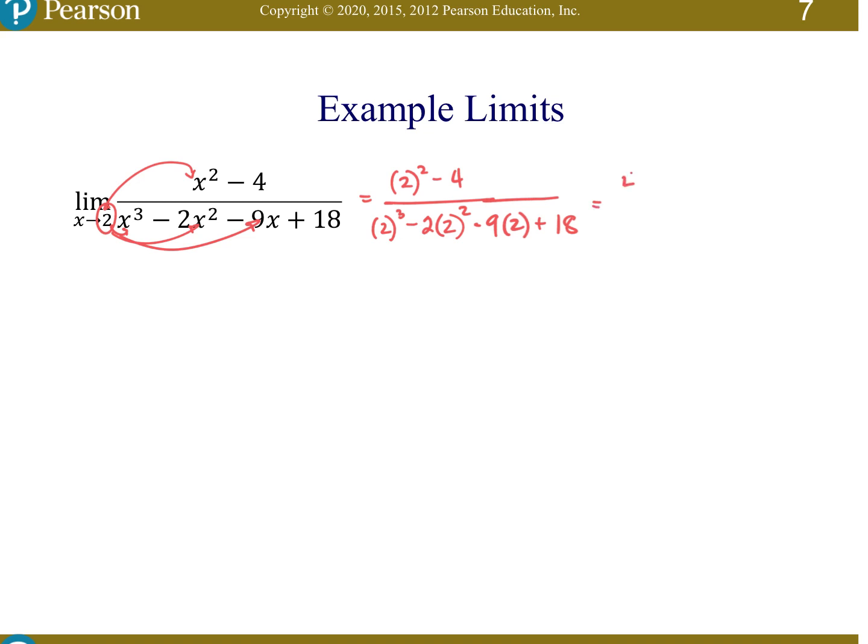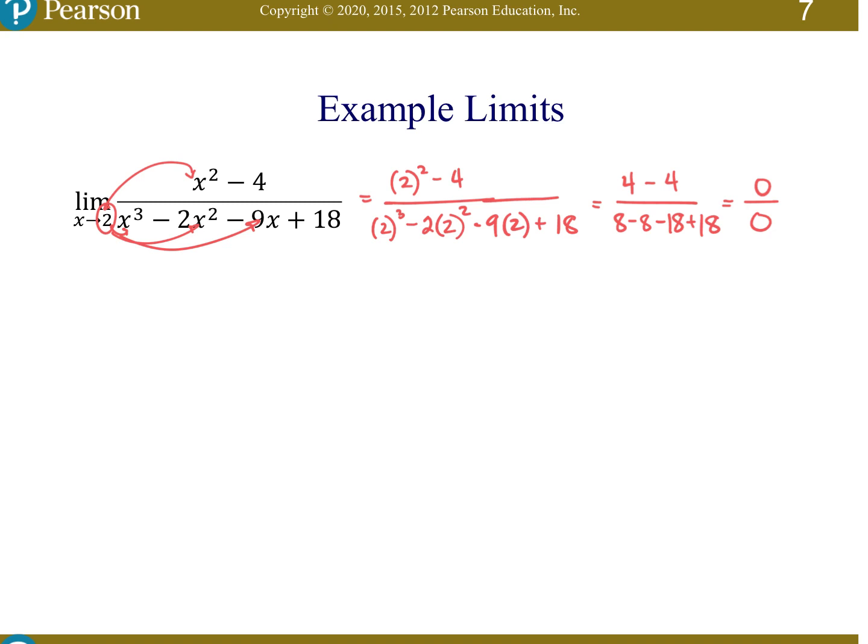So my numerator, I'm going to have 4 minus 4, which isn't a problem. My denominator, I'm going to have 8 minus 8 minus 18 plus 18. Now I end up with a problem, which is 0 on the top and 0 on the bottom, which is an indeterminate form.